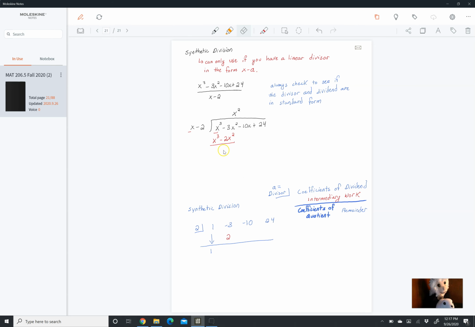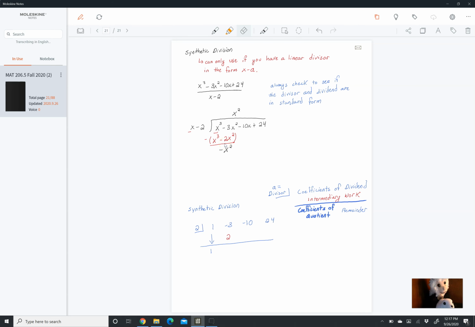Okay. So the next thing that we did is we subtracted. We took this whole thing and we subtracted it. And we got negative 3 minus negative 2, which gave us a negative x squared. Well, here it's the same thing, right?